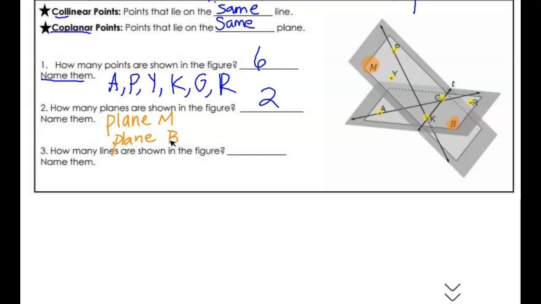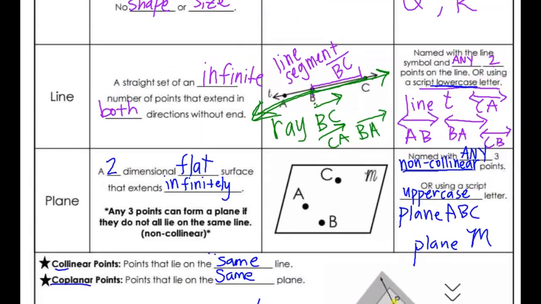Okay? What's another way I could have named these 2 planes? Okay. Somebody give me a different name for plane M. What's another way we name it? Look, you know.